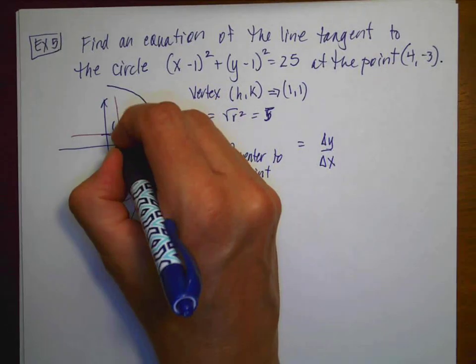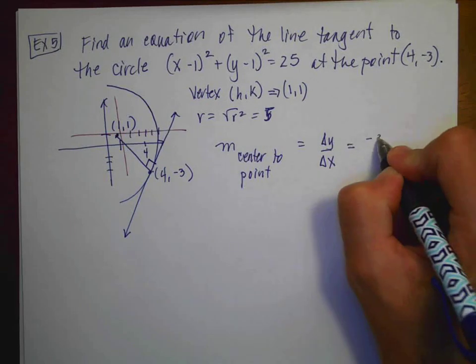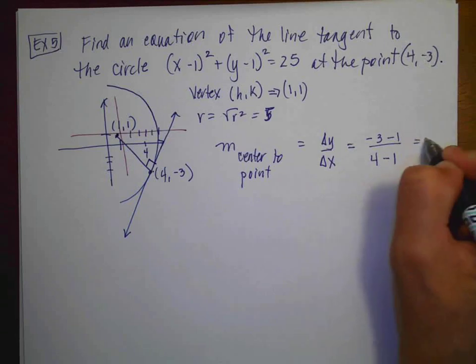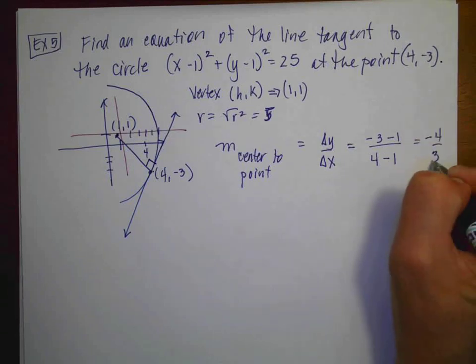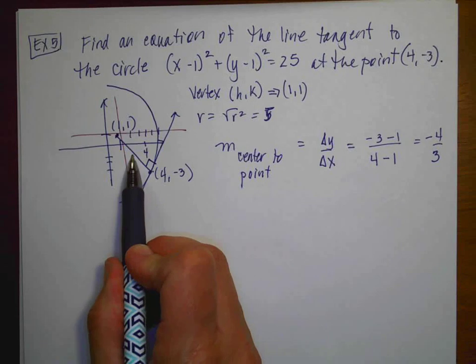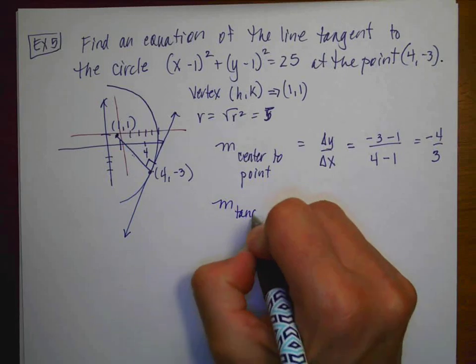So that's going to be delta y over delta x, and I'm going to write the coordinates of this guy up there so we can see it. So it's going to be -3 minus 1 over 4 minus 1, so it's going to be -4/3. And that is the slope of this line that we drew, the radius.